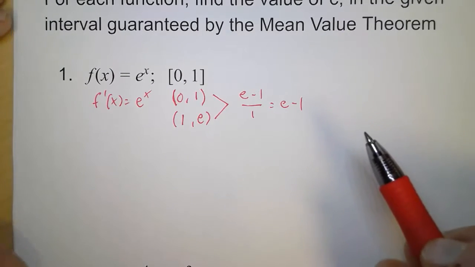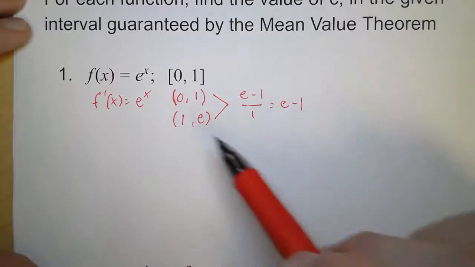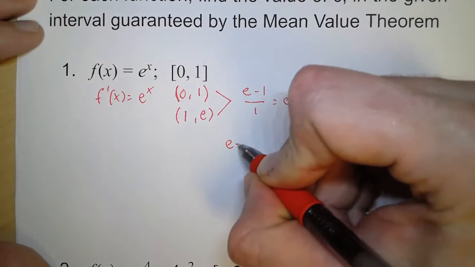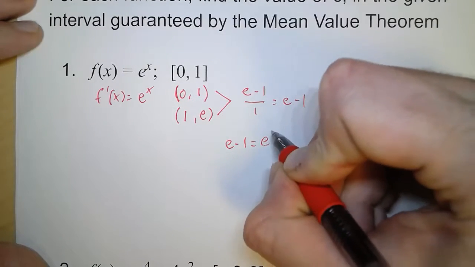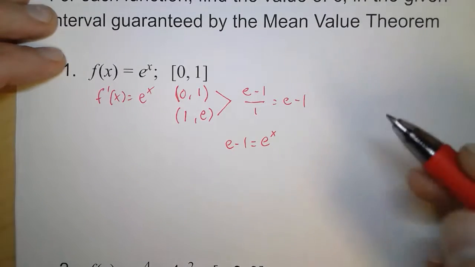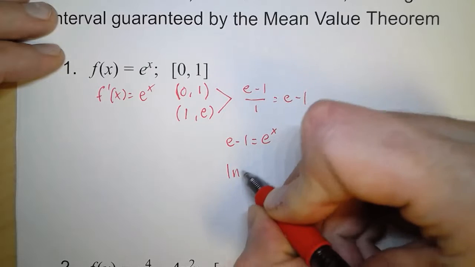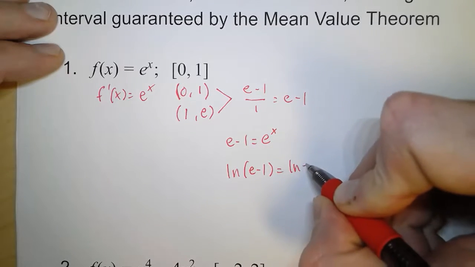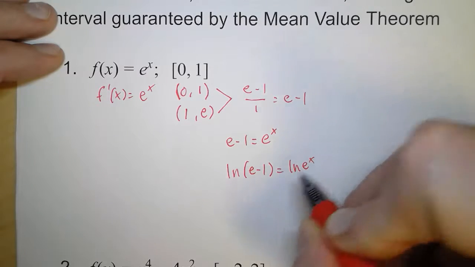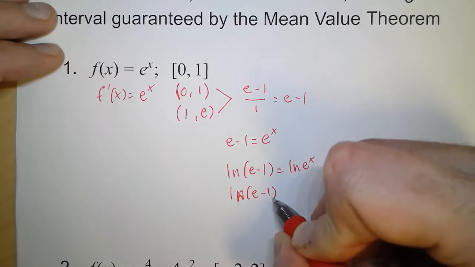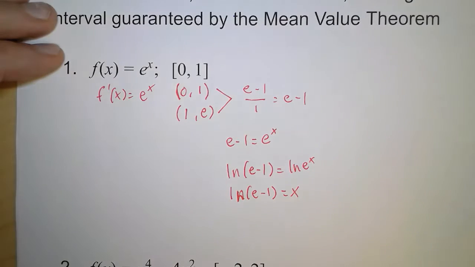Now we set e minus 1 equal to e to the x. How do we get x out of there? We use logarithms. ln of e minus 1 equals ln of e to the x, and these will cancel and just leave x.